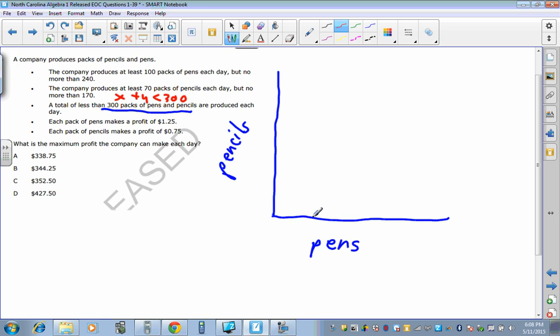Okay, that means at most you could make 300 packs of pens a day, no pencils. So these are going to be hundreds. Or you could make 300 packs of pencils, no pens.